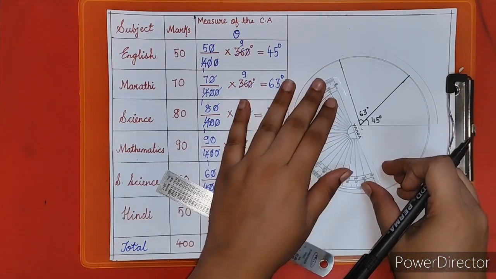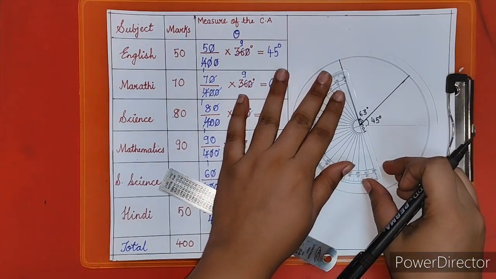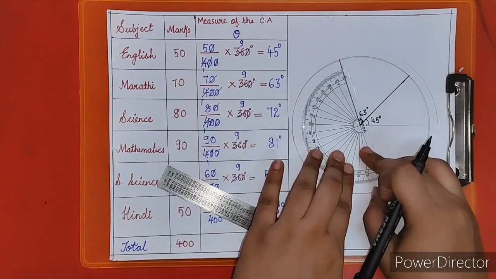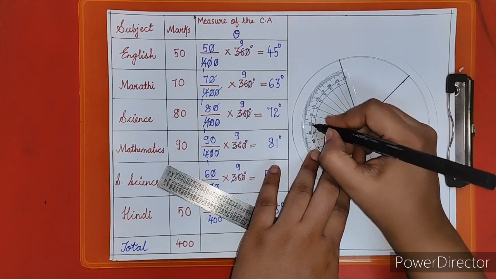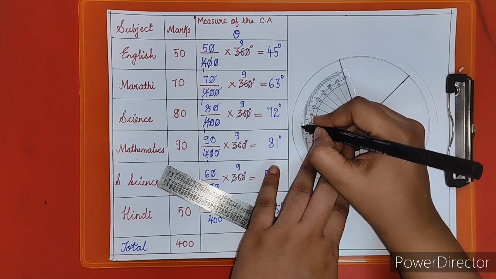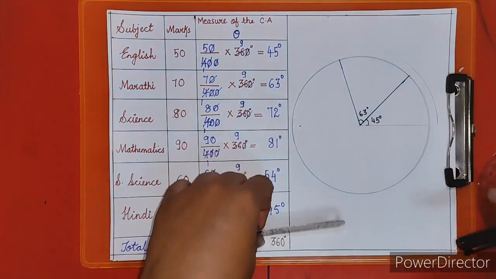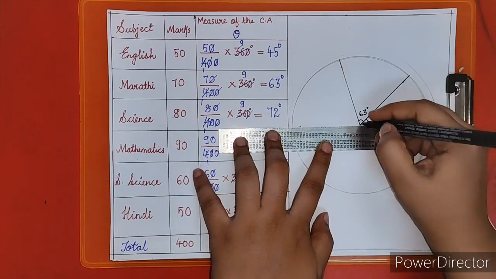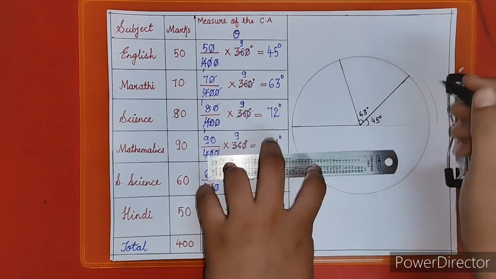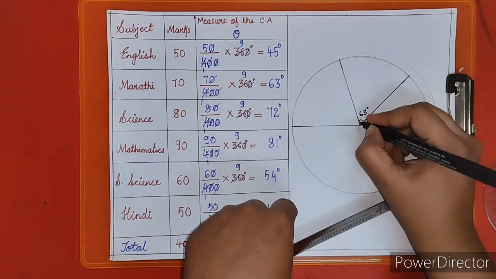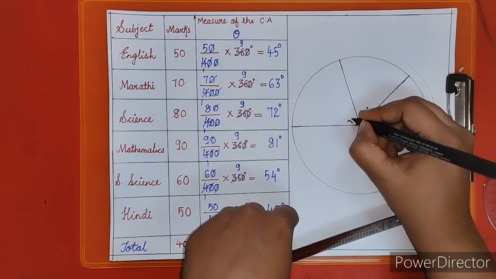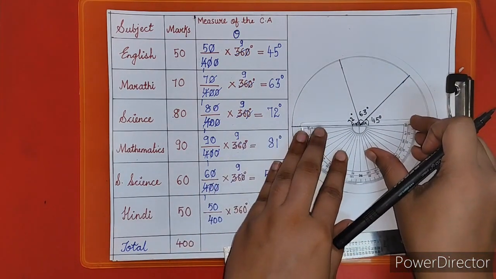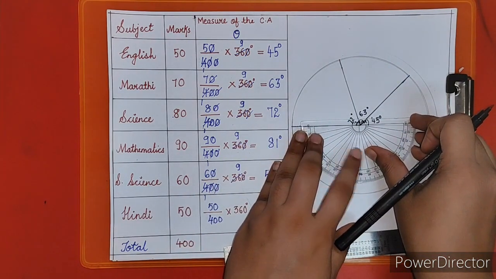Now we'll find the third sector. The angle is 72 degree. Again it is an acute angle, 70, 71 and 72. We'll join a line and we'll write here 72 degree.